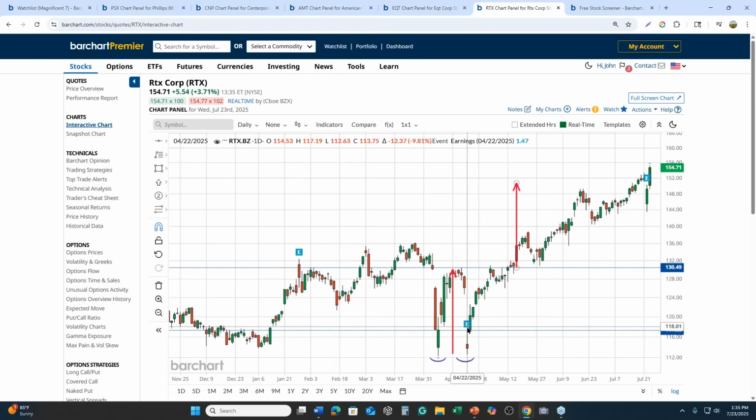So that is really a kind of a nice confirmation in terms of finding a bottom. In other words, a corporate event creates volatility, and then whatever happens past the event is probably what is going to set the trend in motion.